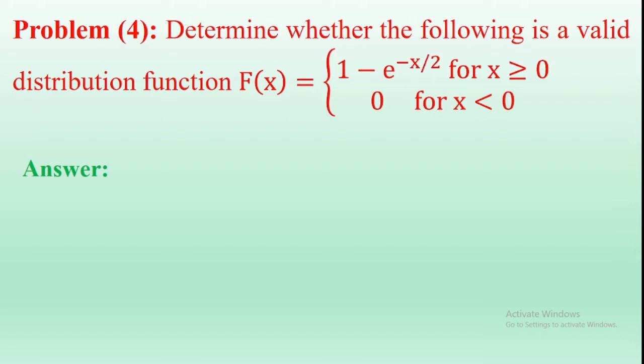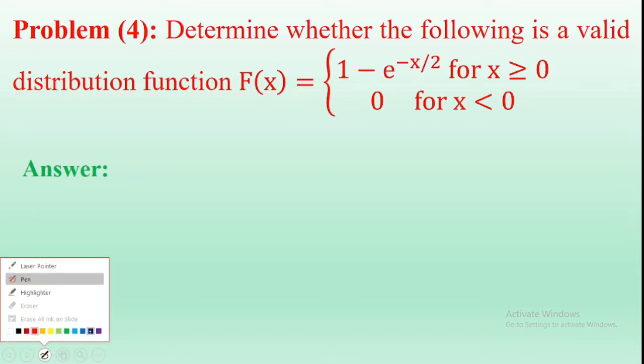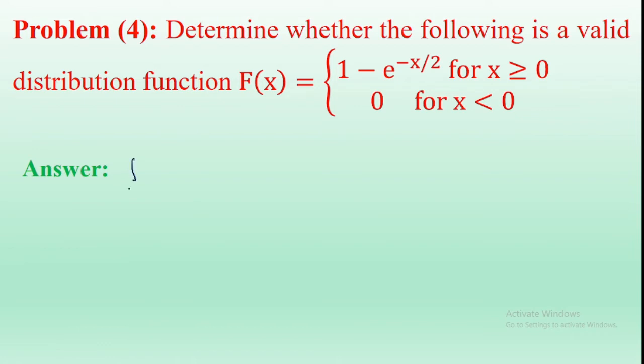We know that one of the properties of the probability density function is that the area under the probability density function is always unity. That is, the integral from minus infinity to infinity of f(x) dx is equal to 1.